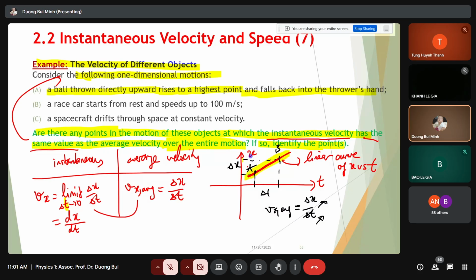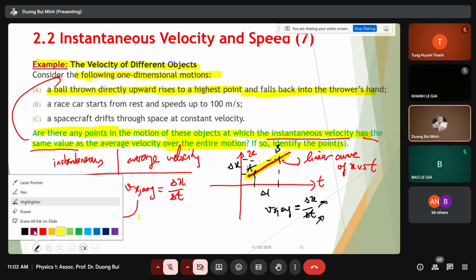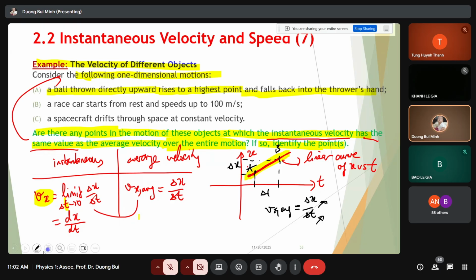So if this is a linear curve, we have the same Vx for any point in time. If we have x versus time like this curve, we can say that the instantaneous velocity will be equal to the average velocity. Do you agree with me?